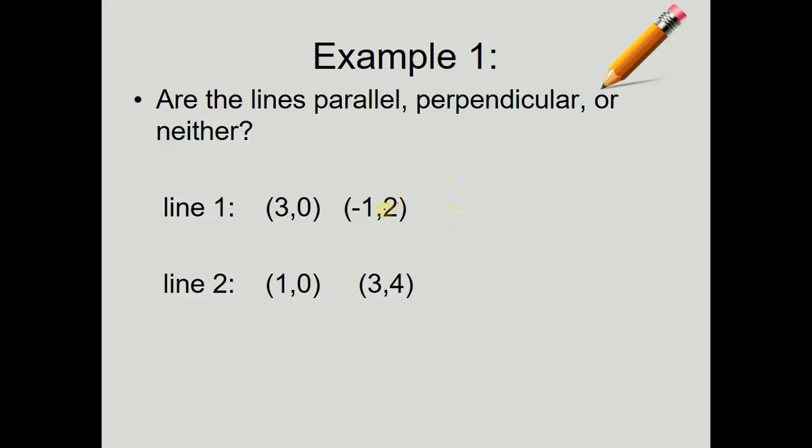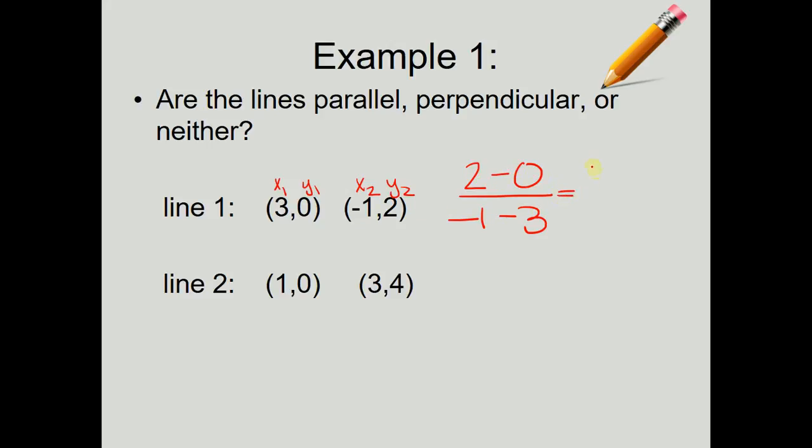So to find my slope, I'm going to do my y2 minus y1 over x2 minus x1. So 2 minus 0 over negative 1 minus 3. Notice, guys, how I just kind of labeled above. You can do that. If you don't need to, that's fine. I do it just in case I forget which ones I used for the second point, which ones I used for the first point.